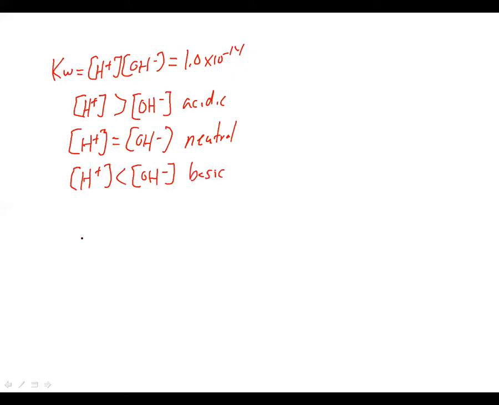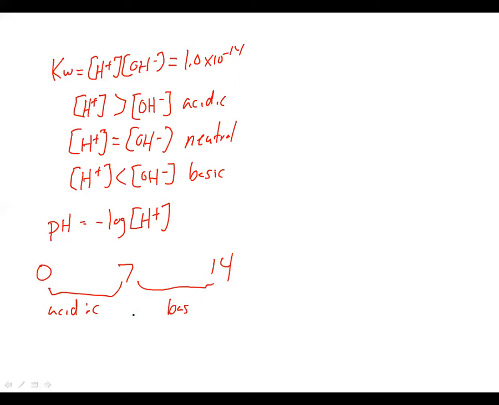We also talked about the pH scale. The pH is minus the log of the H plus concentration. It goes from 0 to 7 to 14, less than 7 being acidic, above 7 being basic, and 7 being neutral. Remember that when you calculate the pH, if you have a display calculator, you want to hit the negative button, the log, and the number using scientific notation and your exponent button.